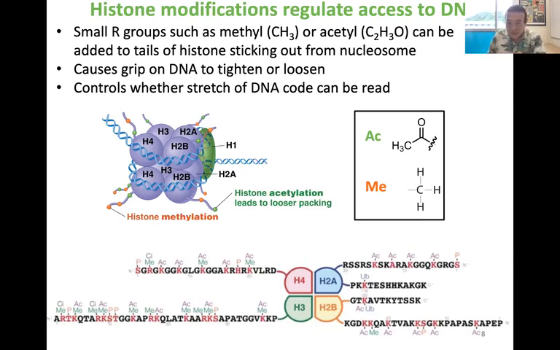So typically, histone acetylation leads to looser packing of the DNA around the histone, whereas histone methylation typically is associated with tighter packing of the DNA around the histone. And as I said before, this is a very dynamic process.